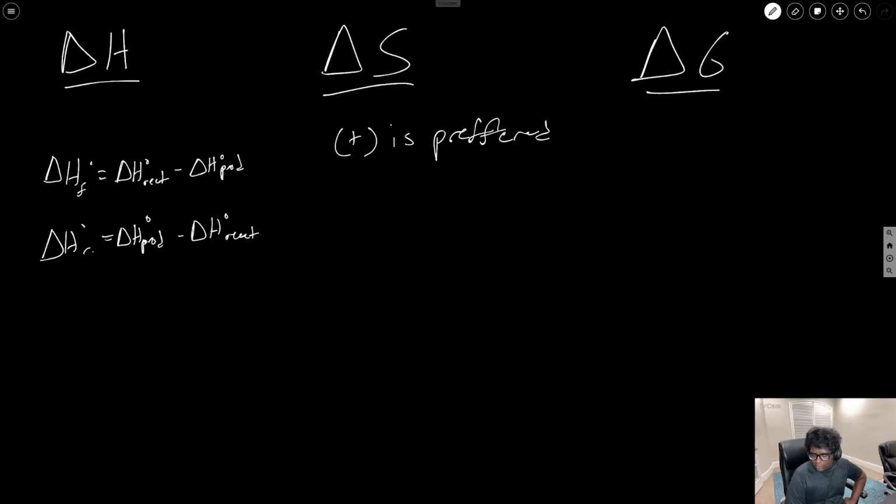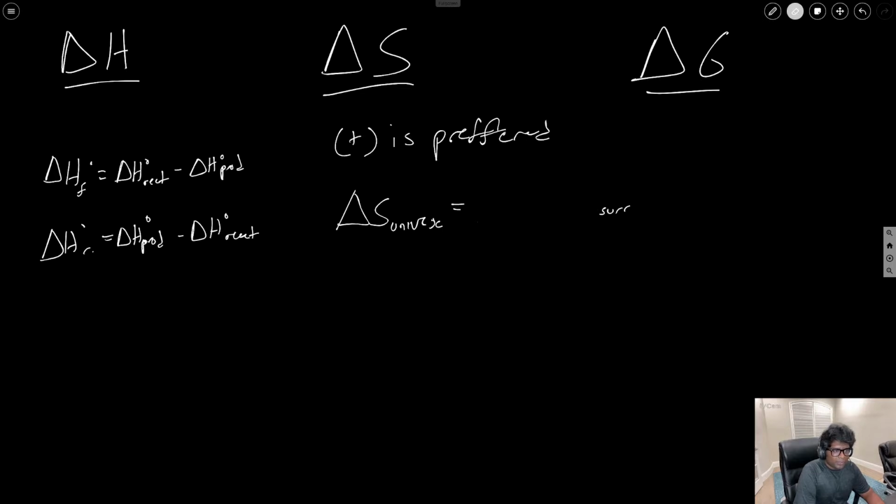With that being said, the delta S of the universe would be the delta S of the system plus its surroundings. See that this is one of the few ones where you have a plus.